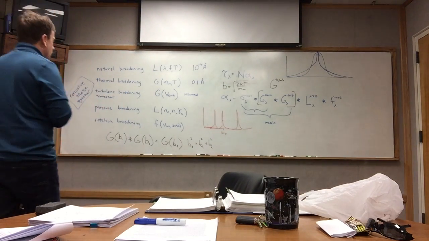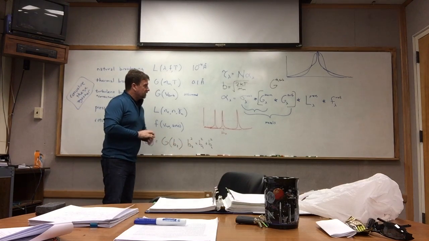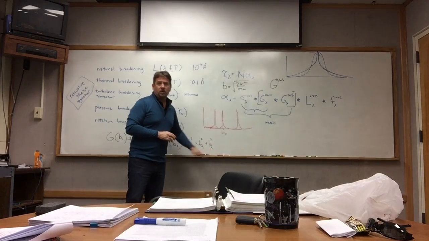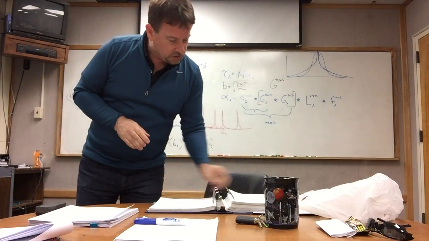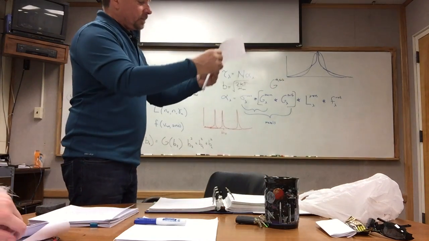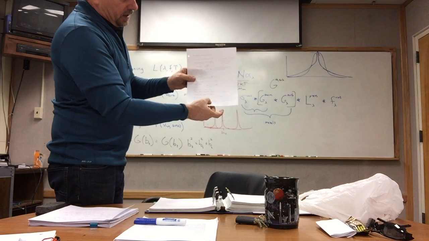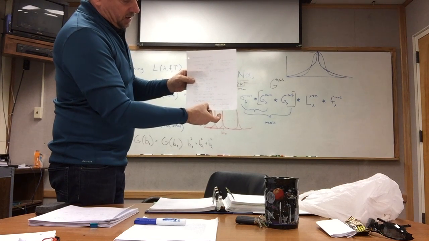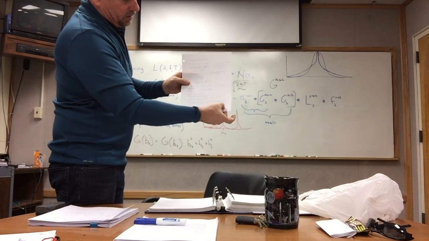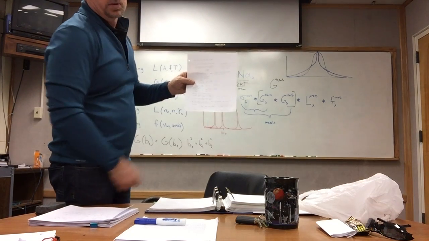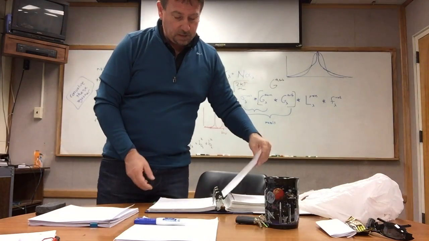But for the most part, in stars, you really need to consider this turbulent broadening because it can be on the order of a couple kilometers per second. What I'm showing you at the bottom of this is that your new distribution function is a function of your Doppler broadening delta lambda sub D, which is equal to this quadrature sum of the thermal and the turbulent broadening. Bing, bang, bing.